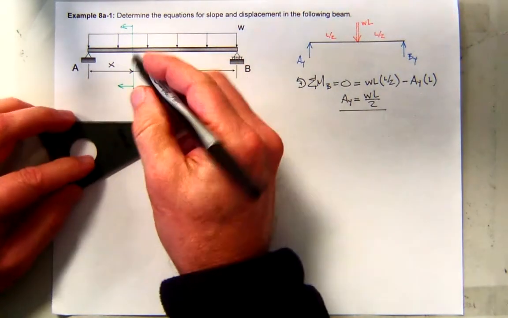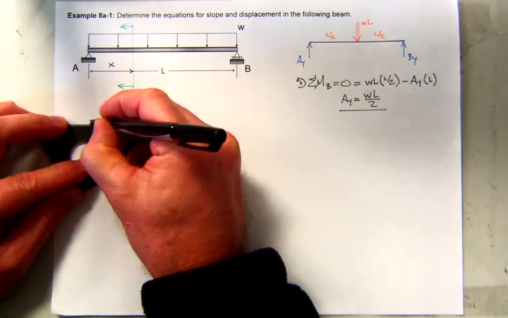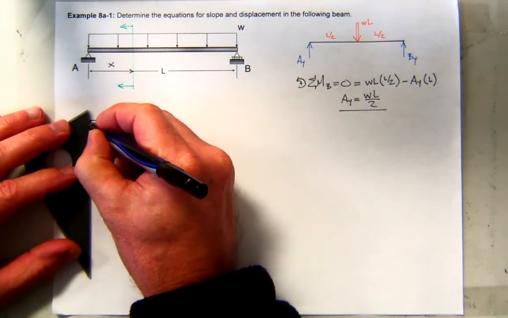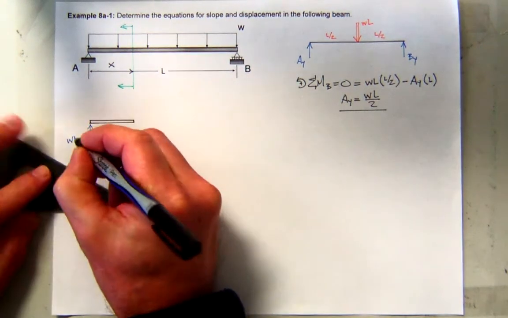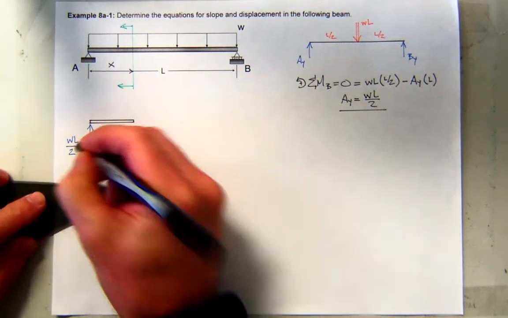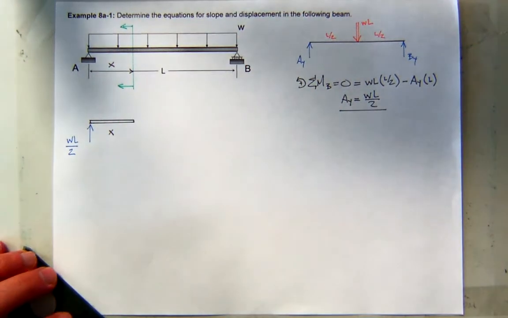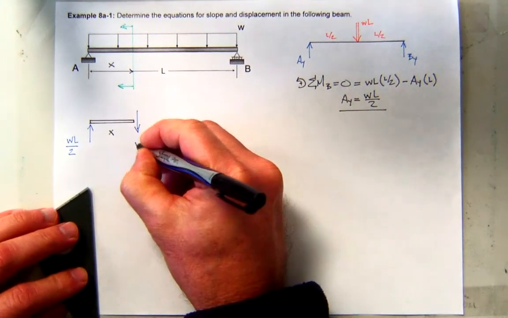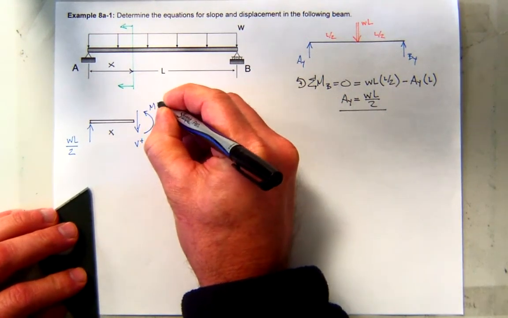Now with that done, I'll come down here and look at a free body diagram of my left side that we talked about. I'll go ahead and apply the force we found, which was WL over 2. And at this distance x, what do we have? We've got the internal shear force. That's a positive shear force. And there's my positive bending moment.